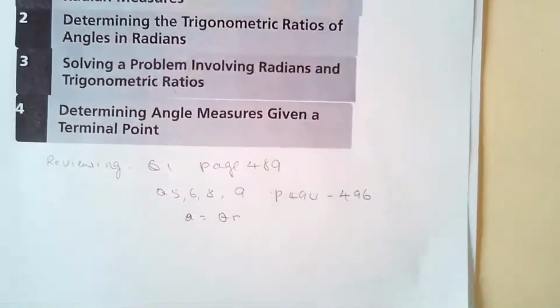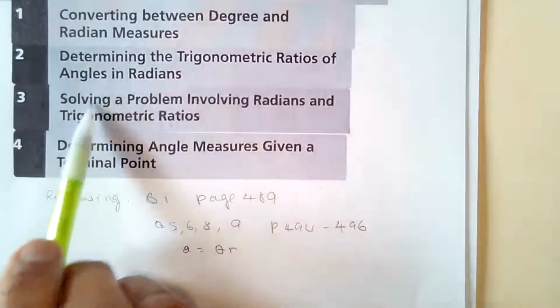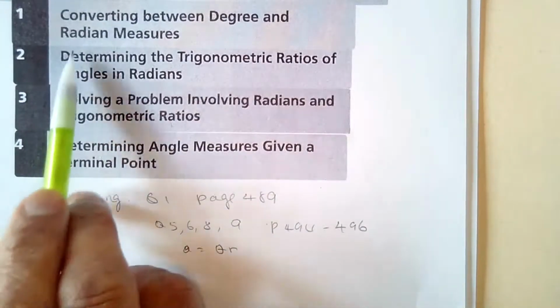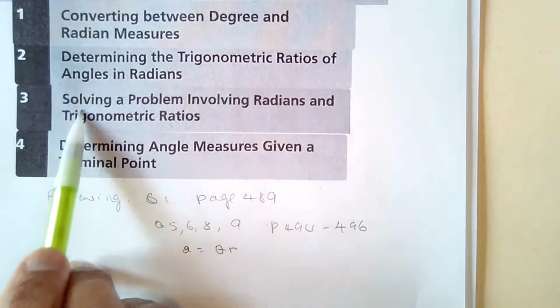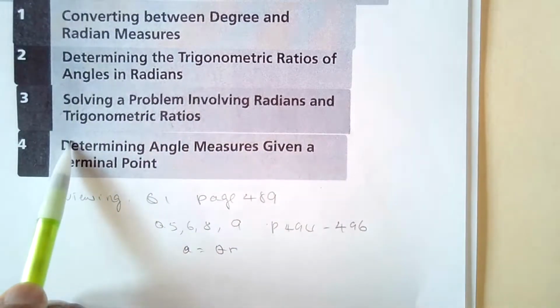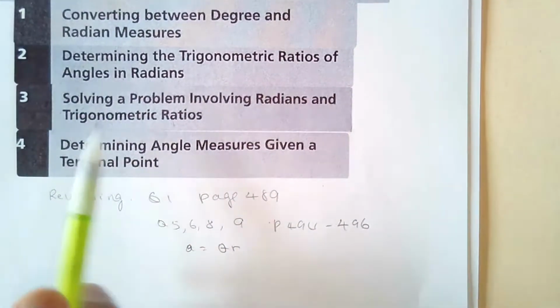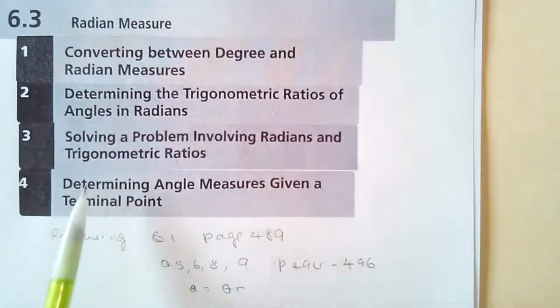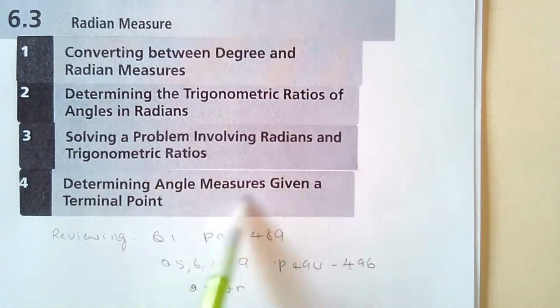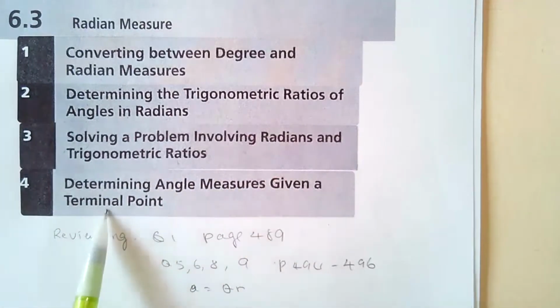So today we've now completed 2 and 3. We're one more section on radian measures. In the next lesson we'll be looking at determining angular measure given a terminal point.